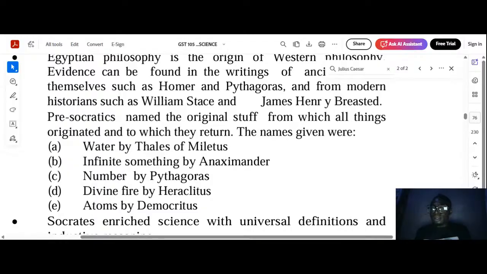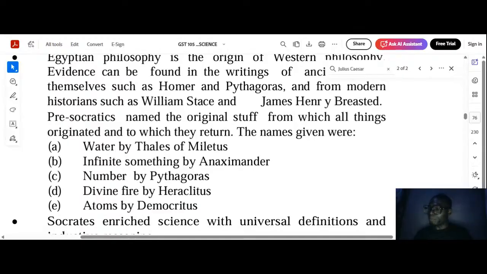According to Anaximander, it is infinite, any way you call it. We came from something infinite that has no end and cannot be ascertained. According to Pythagoras, he's a mathematician, everything came from number. So you, as a human being, came from number based on the idea of Pythagoras.